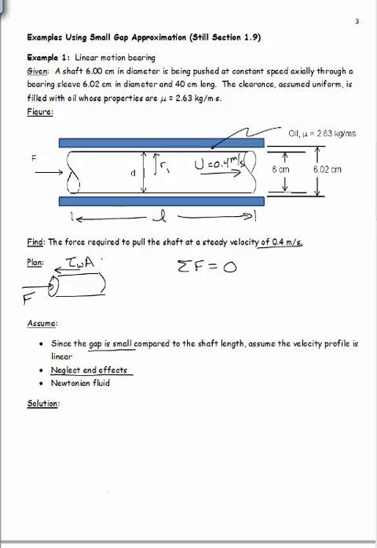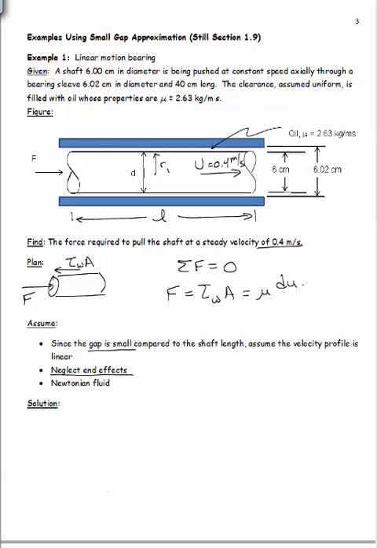times the area where that's acting. Okay, so if we say the sum of the forces is 0, we have just these two forces, and so they have to be equal and opposite. So F is going to be tau W times A, tau at the wall. Okay, our tau at the wall is mu du, and normally we would put in a du dy, right?